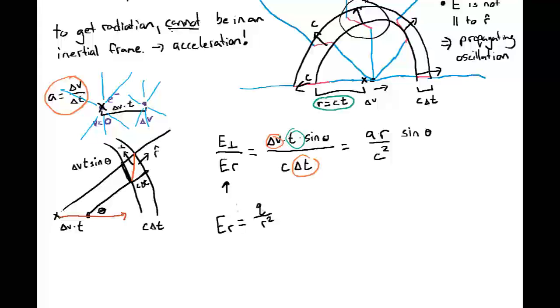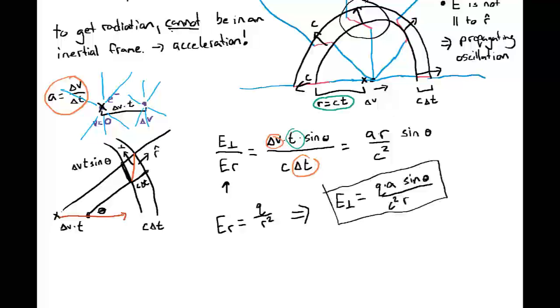So given this radial component of the electric field, we can now multiply this against the slope that we already solved for and solve for the perpendicular component of the electric field. And here we have it. The perpendicular component is equal to the charge times the acceleration times the sine of theta over c squared times r. So we're almost there now.